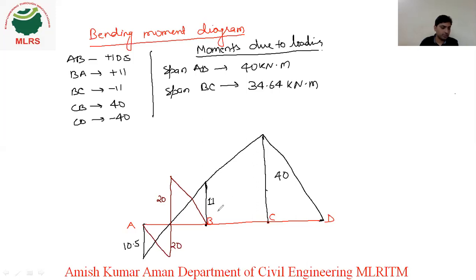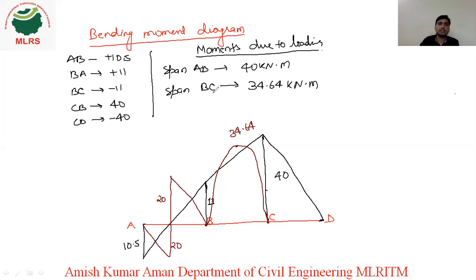Let's draw that cubic, and that is 34.64. So this is your 34.64. Now for CD, no need to draw.